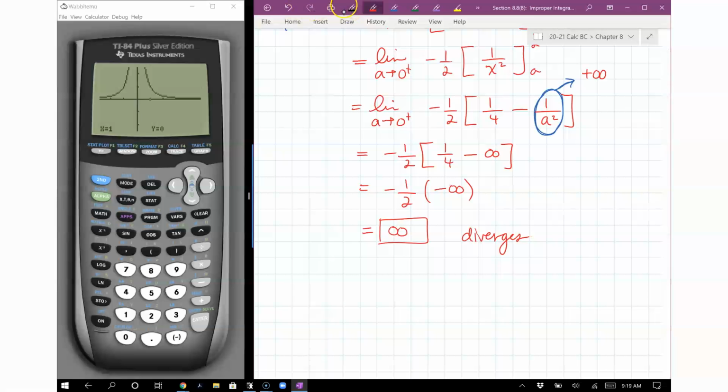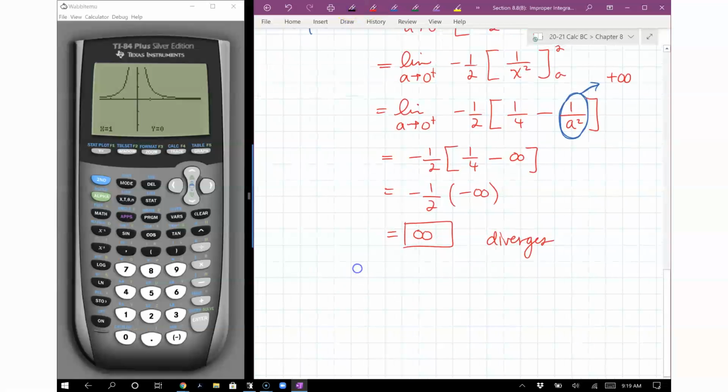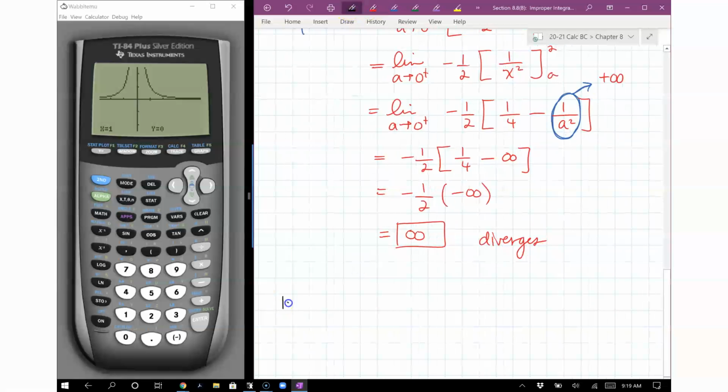So I want to do the same problem, guys, but in doing the same problem, I'm going to change my limits. So example number 3, we're going to do the integral from 1 to 2 of 1 over x cubed again. Same problem. Remember, the purpose of this lesson is just to show you what to do when the limits kind of mess up.